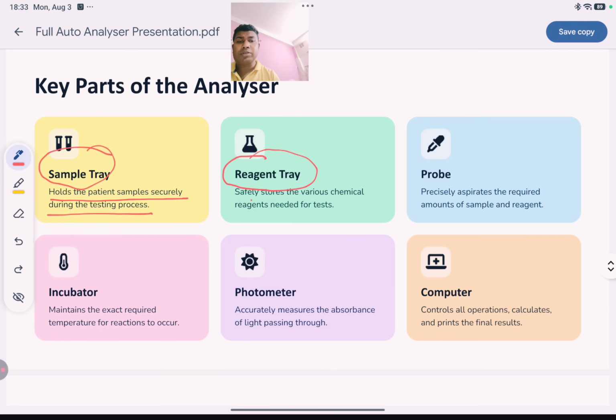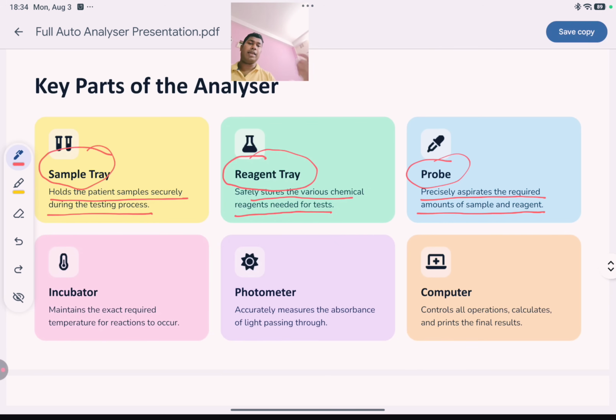The third key part of the analyzer is a probe, an instrument in a biochemistry auto analyzer which helps us to precisely aspirate the required amount of sample and reagent. Aspirate means it helps to suck in the sample and the reagent.